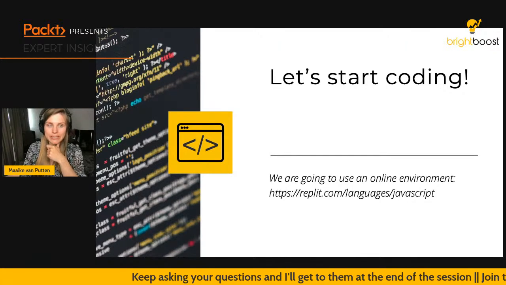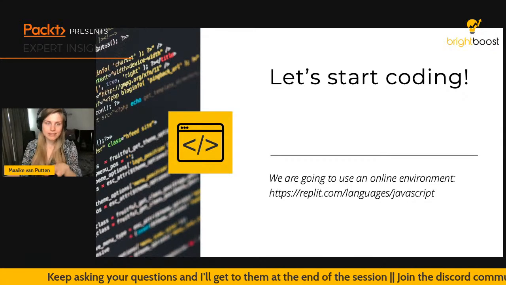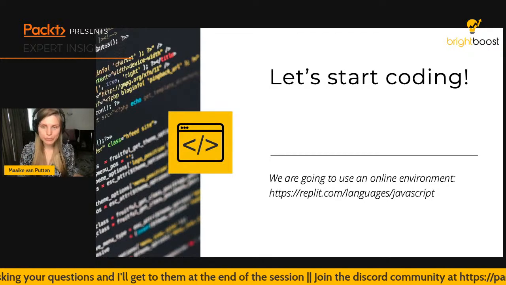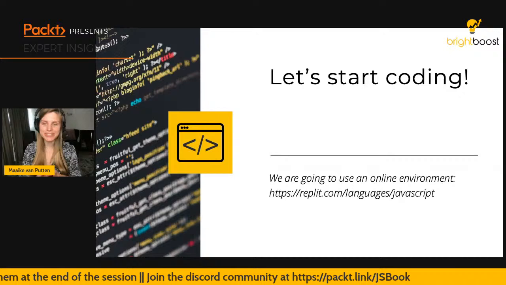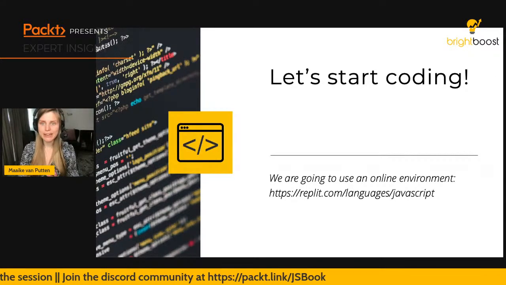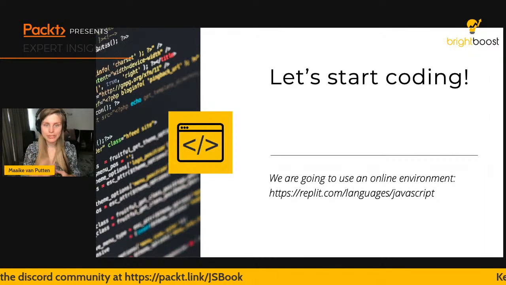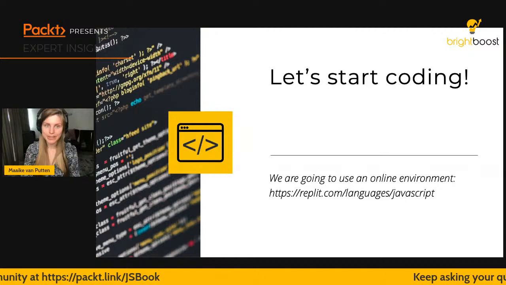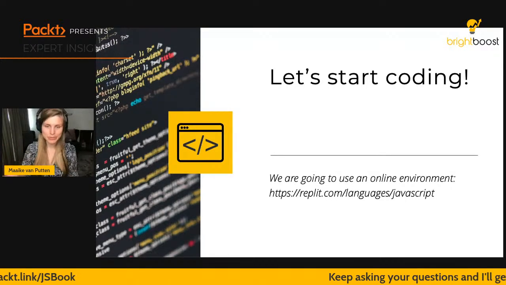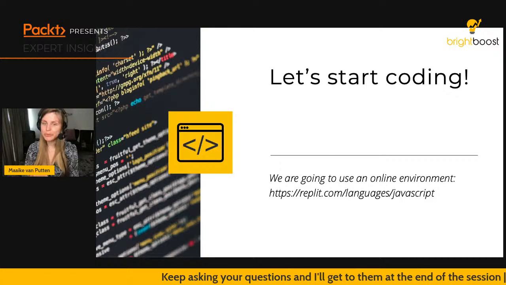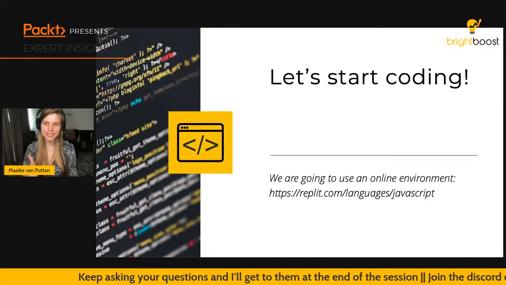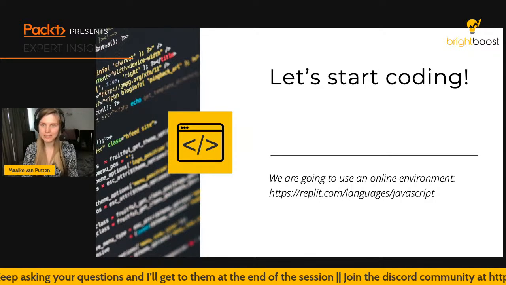And the good news here is that you don't need to install anything. If you're going to really work your way through the book, you're actually going to start with setting up your own environment, which is something I would definitely recommend. But I also want to make this very accessible, and I don't even know if everybody has a proper laptop. I assume that not everybody has a proper laptop. So let's just stick with coding in the browser for now. It's more limited, but for understanding the basics of JavaScript, it's still fine.